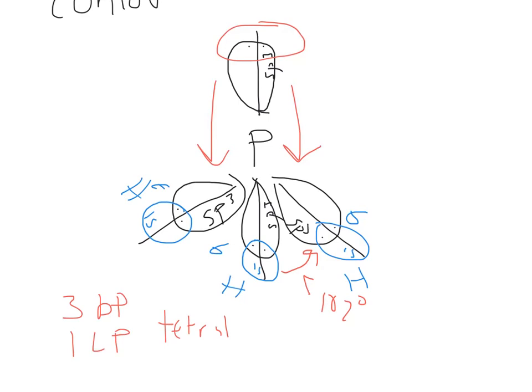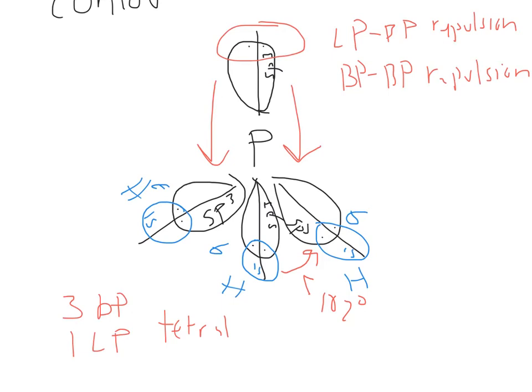But because of that 1 lone pair, we know it's going to give us a greater repulsion, because we do know the lone pair bonding pair repulsion is greater than bonding pair repulsion. So because of that repulsion, we know that the molecular shape is going to give us a trigonal pyramidal shape.